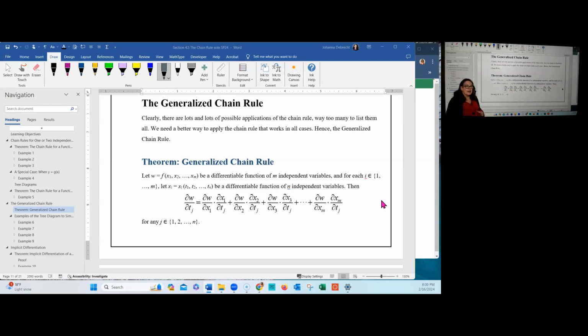This gives us a way of writing a generalized chain rule. The generalized chain rule gets rather complicated.